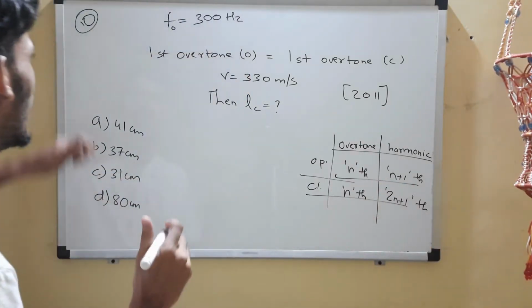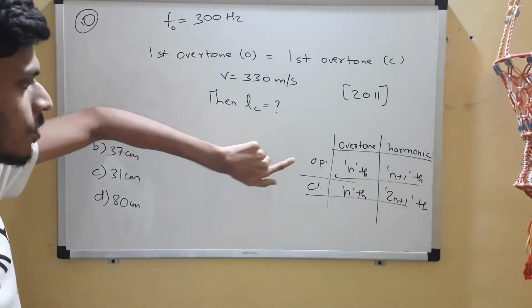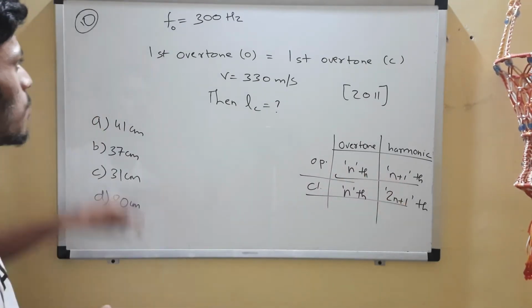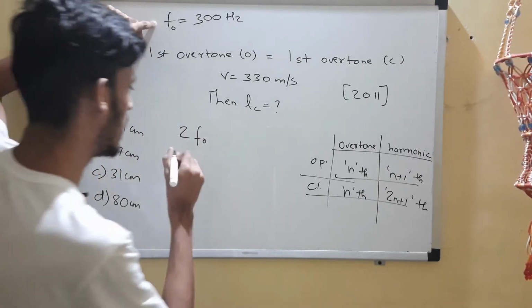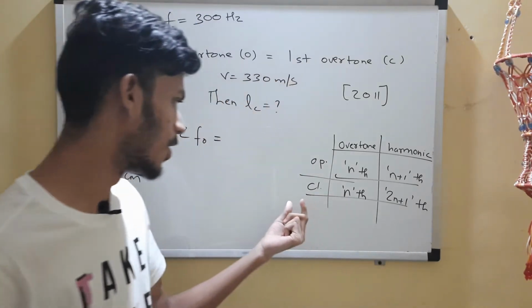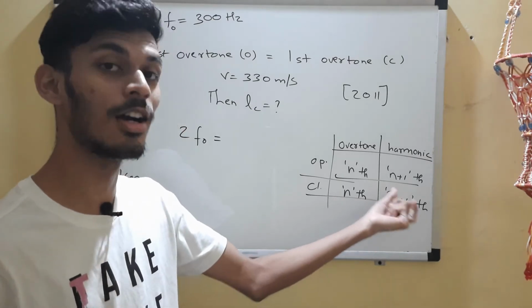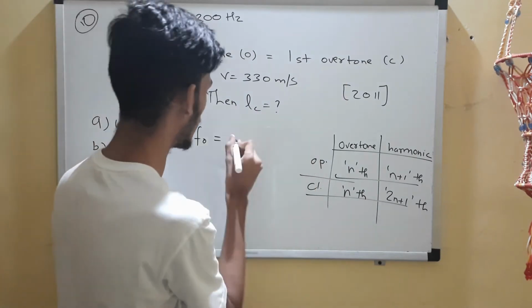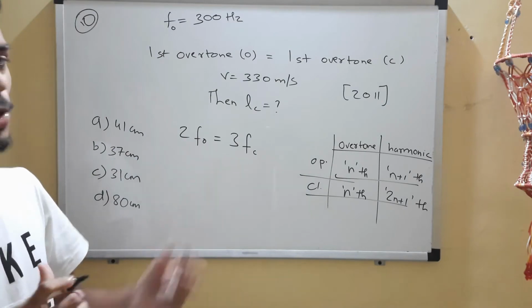Now let's solve it. The first overtone of your open organ pipe means the second harmonic, so 2 times the fundamental frequency of the open organ pipe equals the first overtone of your closed organ pipe. That means 2n plus 1, so the third harmonic, which is 3 times the fundamental frequency of the closed organ pipe.